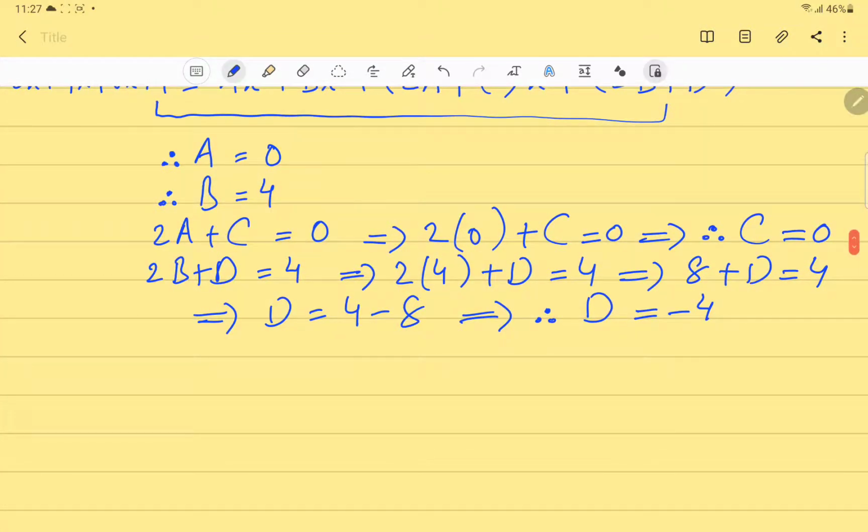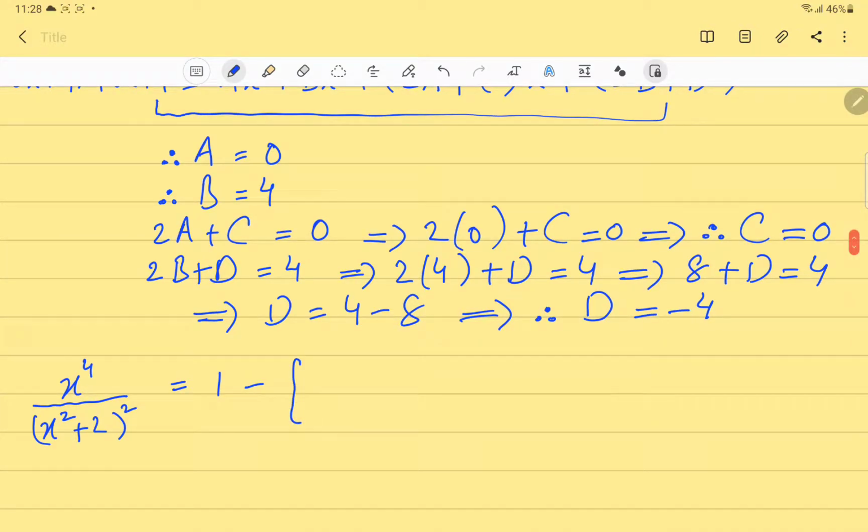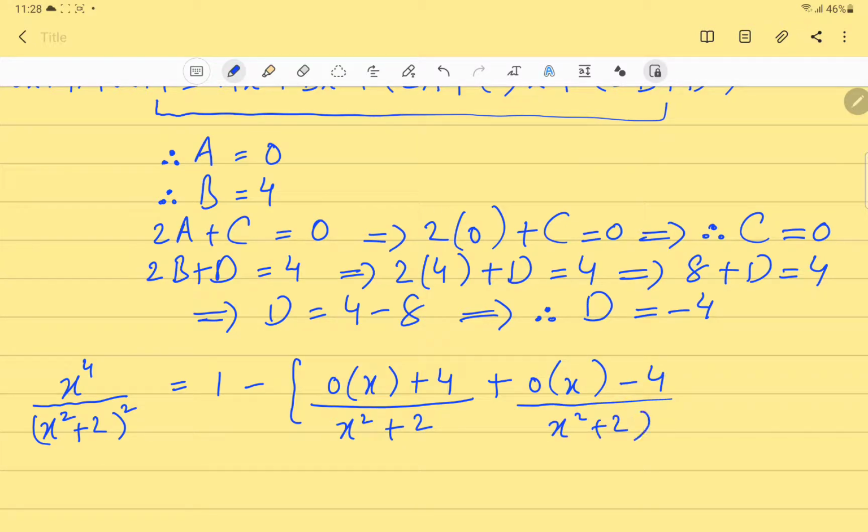Now we have calculated all 4 constants, so we can form our partial fractions. So we will be writing x^4 over x squared plus 2 whole squared. When you are writing the partial fractions, please don't forget to write the one which you have left in the beginning. So 1 plus 0x plus 4 over x squared plus 2 plus 0 into x minus 4 over x squared plus 2 whole squared.